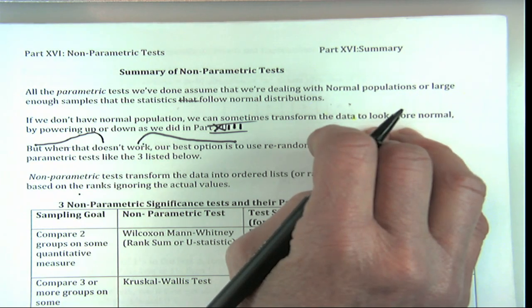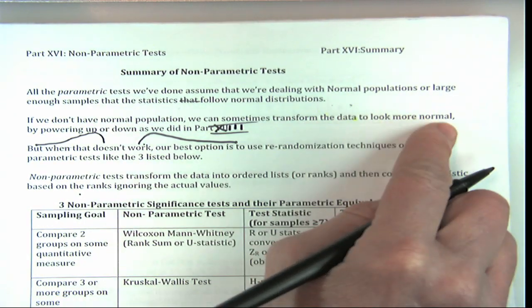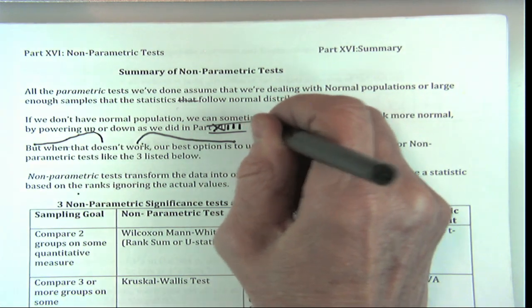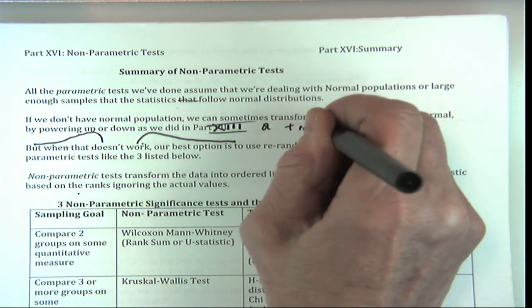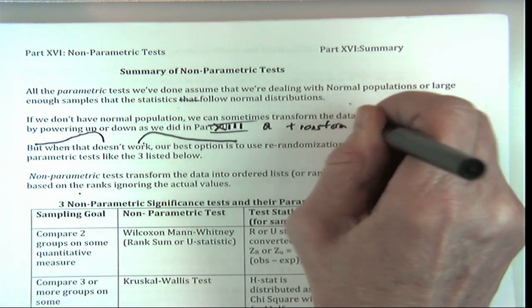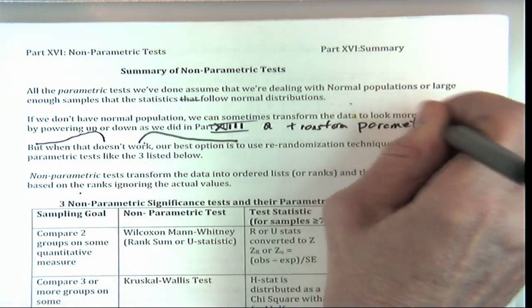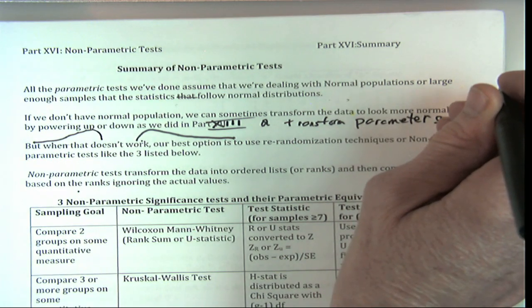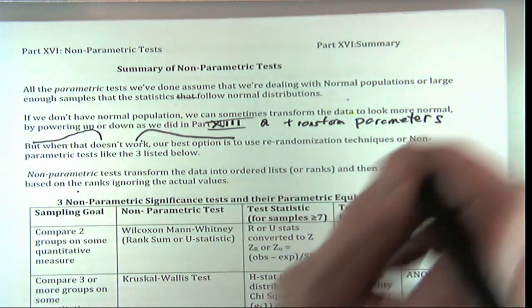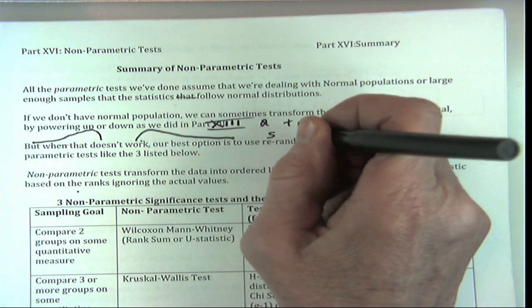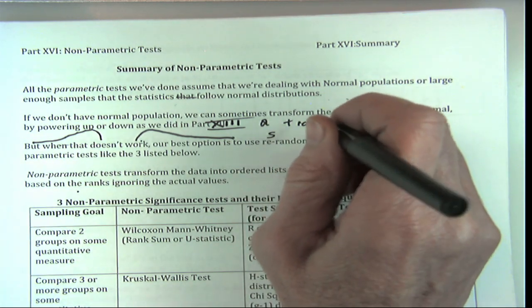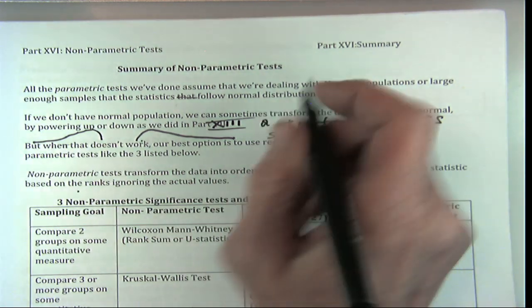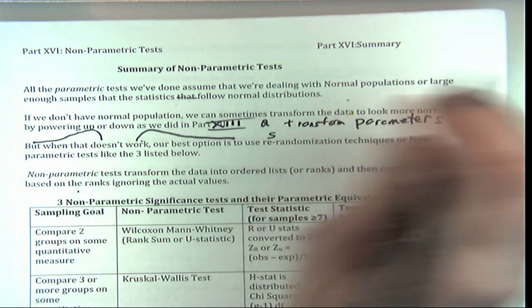So we can transform the data to look more normal, or transform parameters, so their distributions look more normal. Because we ended up using z-scores for those. Remember z's? We never use F and t's for those.